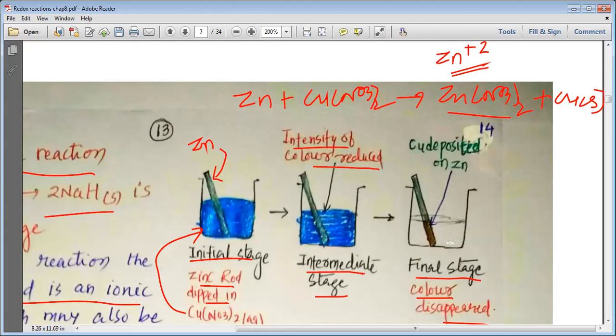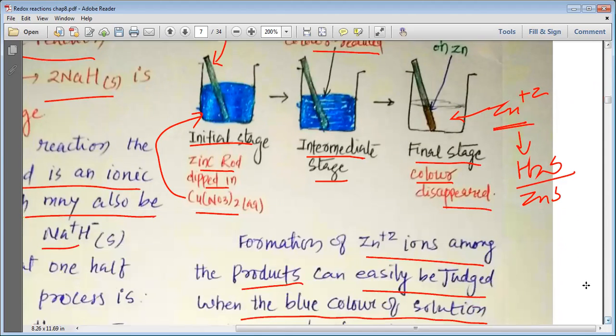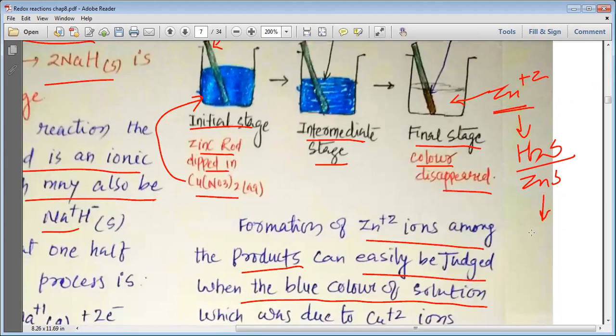So in this transparent solution, we have Zn2+ ions present. These Zn2+ ions are precipitated when we pass H2S gas and we get ZnS. And these ZnS are white precipitates.